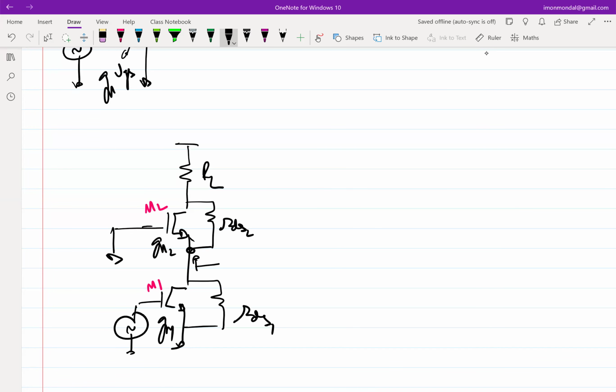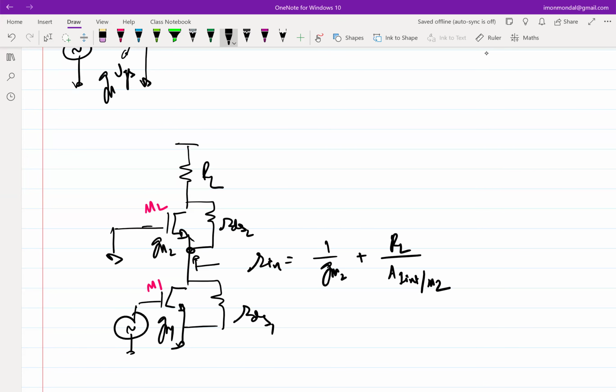And if we do a brute force analysis, we found that this Rin was equivalent to 1 over GM2 plus RL upon A intrinsic of M2, right? And this should make sense, because if RL were 0, the input impedance should have been 1 over GM2.